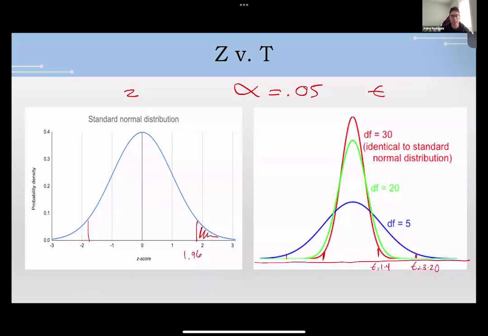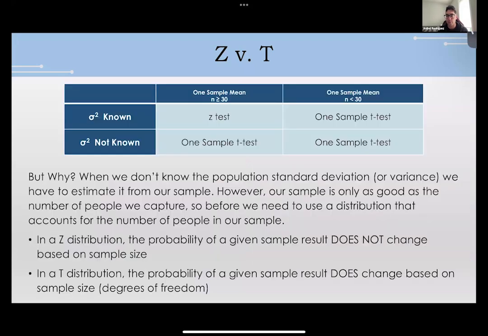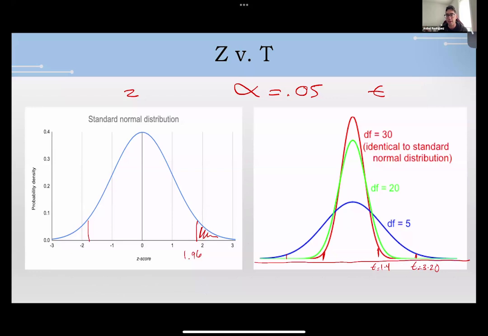Hey, Jess, can I ask a question? When it says on the chart here, degrees of freedom equals 30, and it's identical to the standard normal distribution, if we were ever to be working through a problem where our degrees of freedom on a t-test ended up being 30, would that be the same thing as the normal distribution as if we calculated it with the population standard deviation?